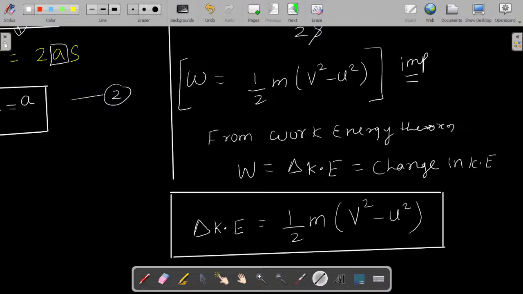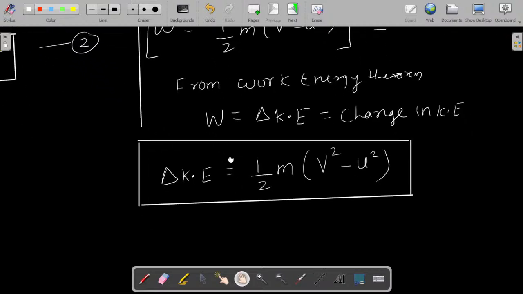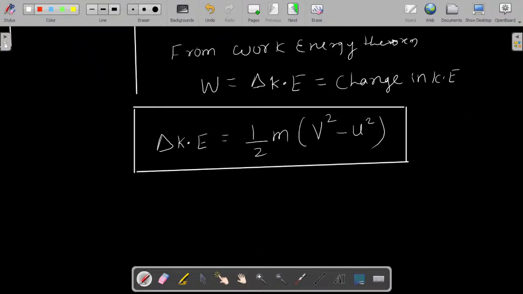But you have to find the kinetic energy. Change in kinetic energy means final kinetic energy minus initial kinetic energy. So change in kinetic energy is half m v square minus half m u square.